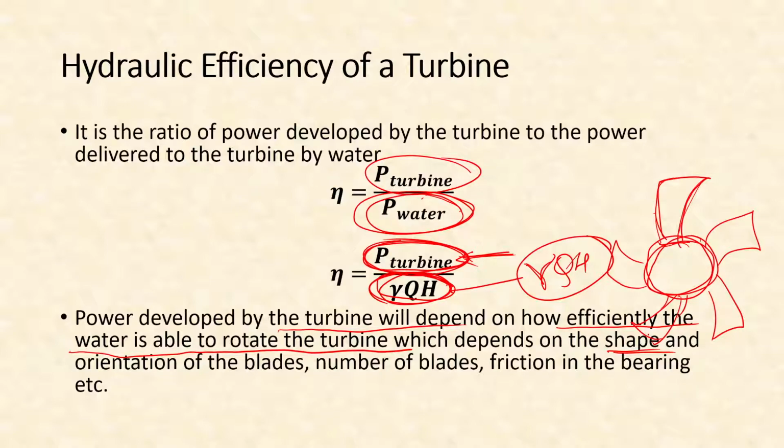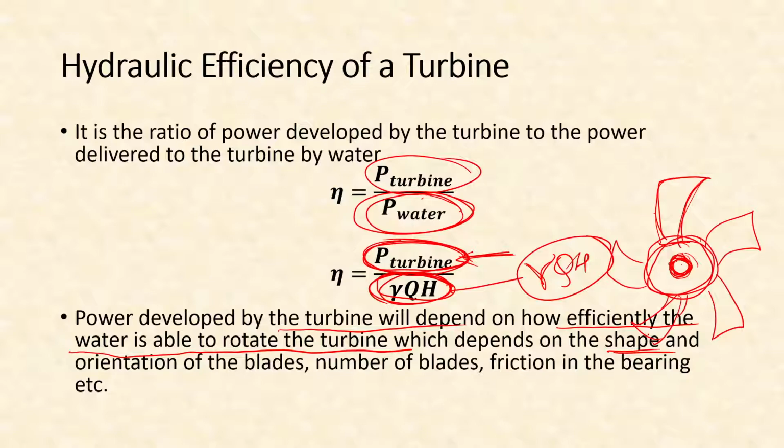Also, there is friction in the bearings, since the turbine has to rotate around a bearing, with bearing balls and lubricants, and how efficiently those are fitted and used will govern the overall efficiency of the turbine.